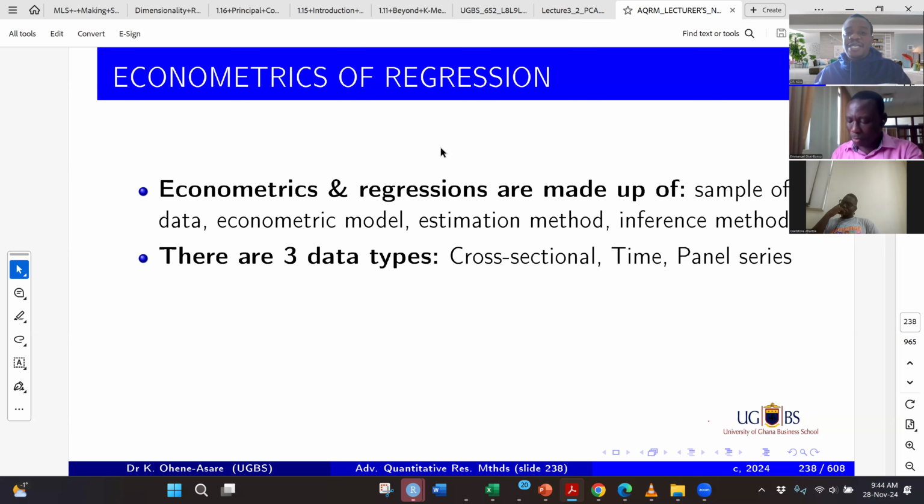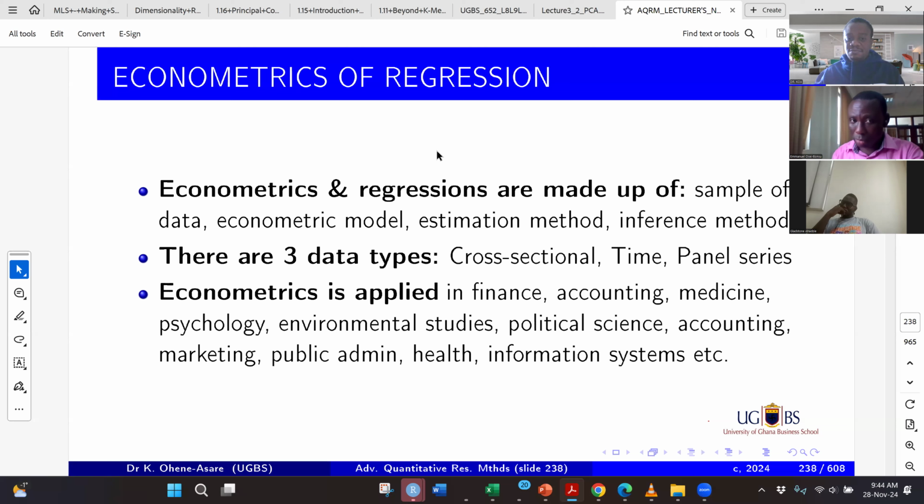But what we want to look at now is cross-sectional, because once you understand cross-sectional, you should be able to understand the rest. Cross-sectional is the foundation. Please get this. Econometrics is not only for economics, not anymore. It is not only for mathematics or statistics.